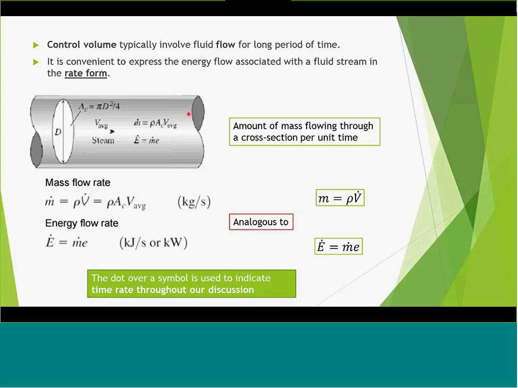So it is actually in a rate form. Let's say this is the control volume, fluid flow. We're going to have certain diameters for that, and the stream goes from left to right. So now we have identified the amount of mass flow through the cross section per unit time.